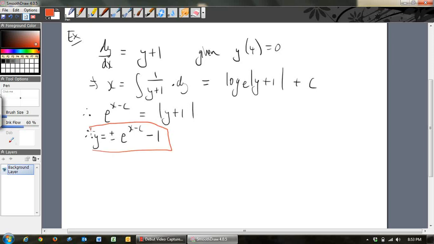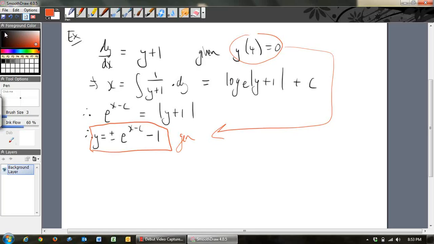But we've been given a point, so let's bring that point in and see whether it's plus or minus, and what the value of c is.